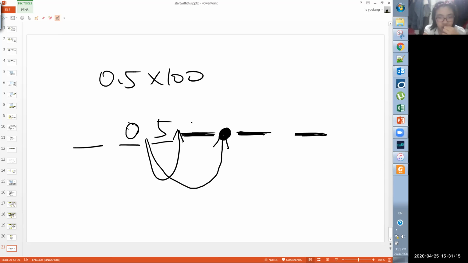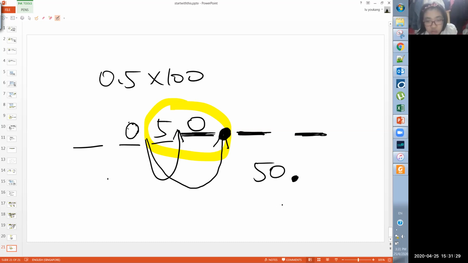So what's the answer? So the answer is this one. 50 dot. So 50 dot is, what's the answer? So this is the what position?